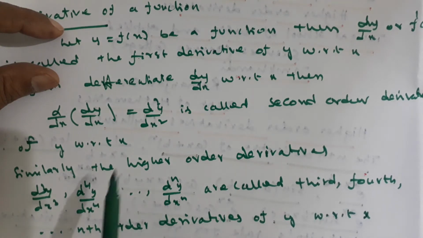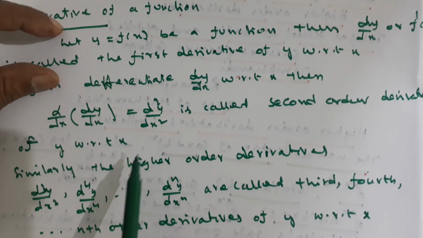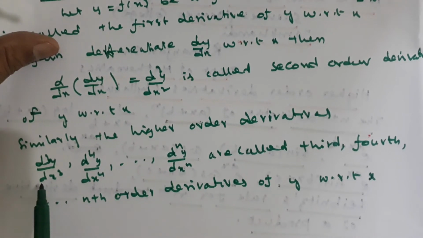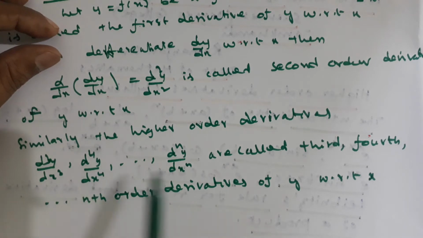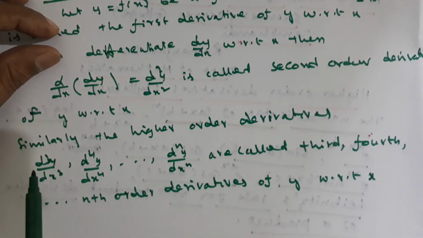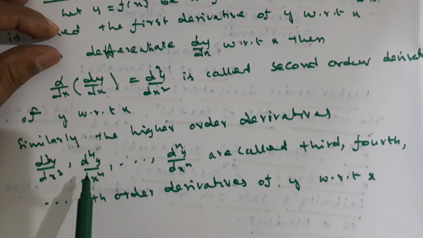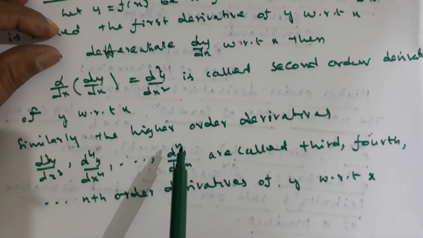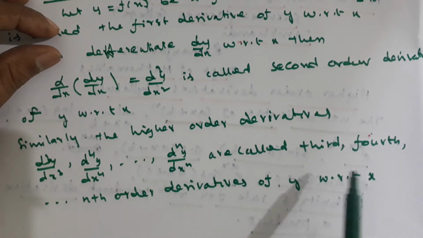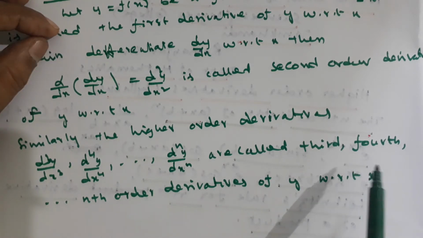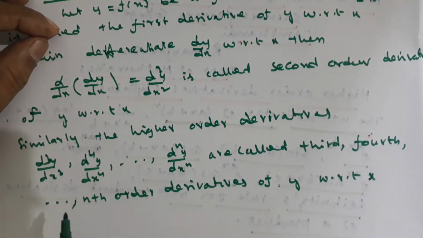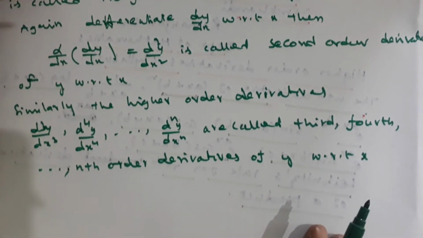So the second order we have d square y by dx square, whereas the higher orders, the third order, fourth order and so on, nth order, are d cube y by dx cube, d power 4 y by dx power 4 and so on, d power n y by dx power n, called third, fourth and so on, nth order derivatives of y with respect to x.